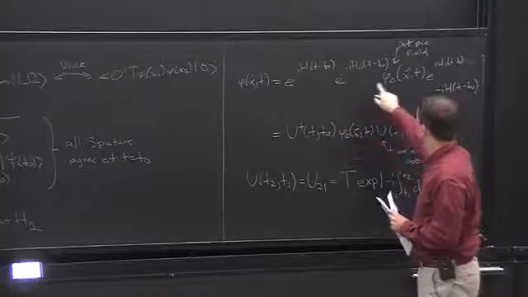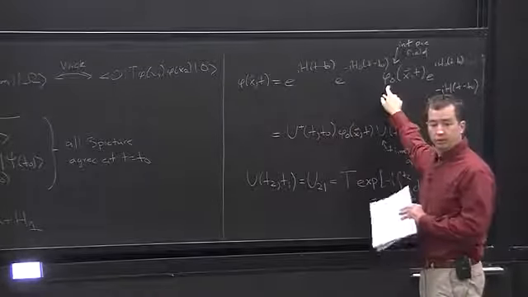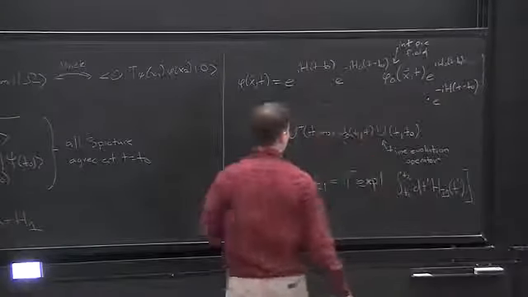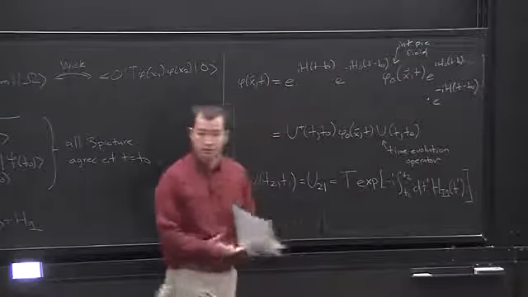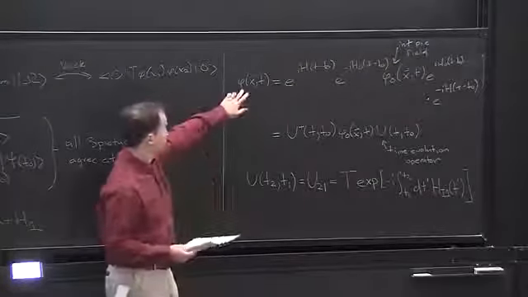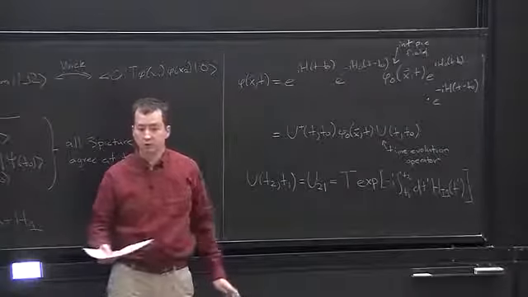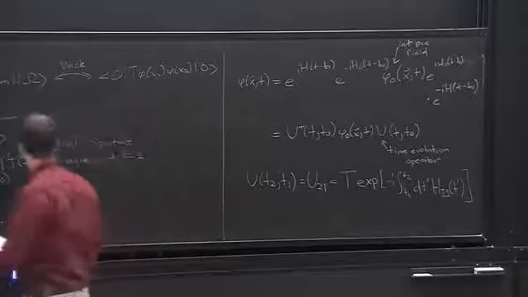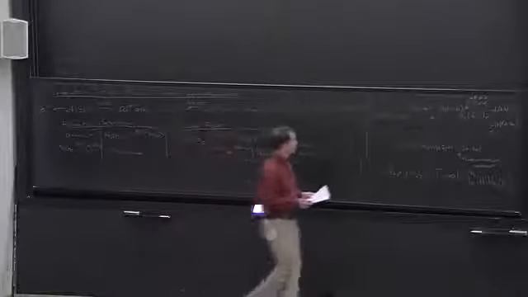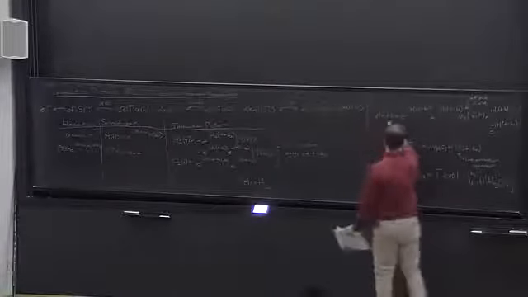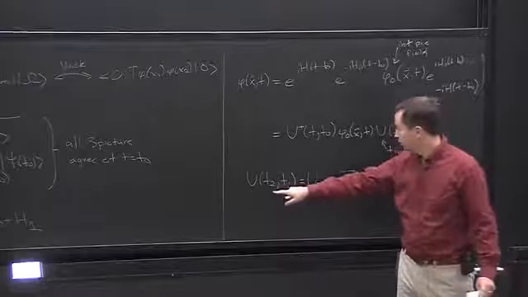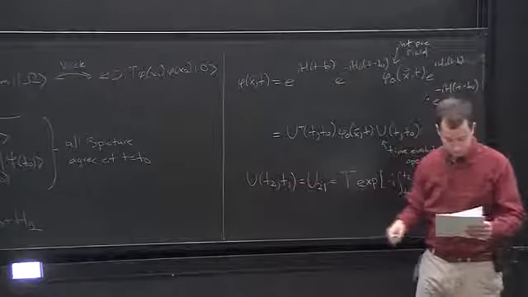This subscript 0 here indicates that it's the interaction picture field. The interaction picture field evolves in time, the Heisenberg picture field evolves in time, and they evolve in time differently. At t naught, they're the same. This is a time evolution operator, so if we evolve for no time, this operator is 1.